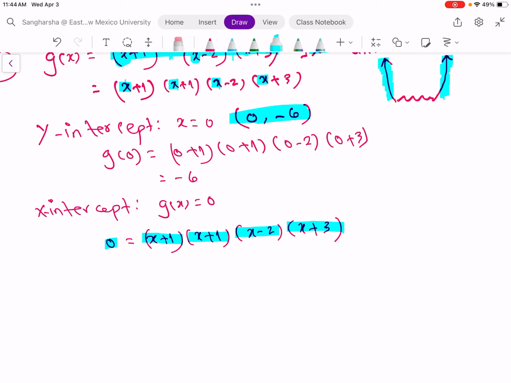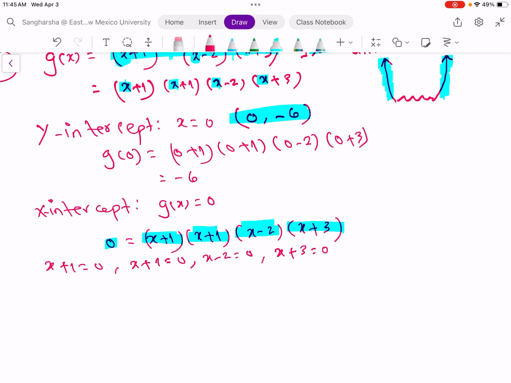So we set each factor equal to 0. We set x plus 1 equals 0, x minus 2 equals 0, x plus 3 equals 0. We are not required to factorize here. It's already in factor form. So once you already have a factor form, you set each factor equal to 0.